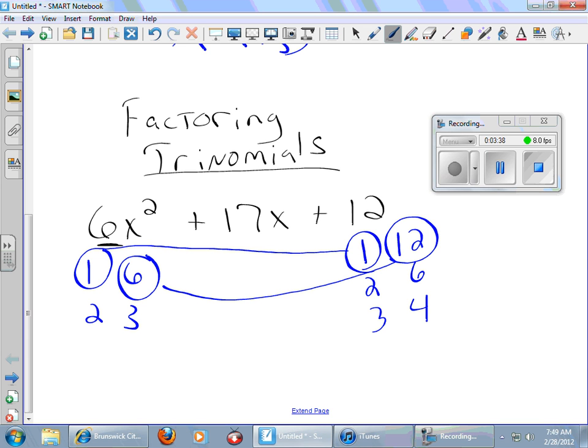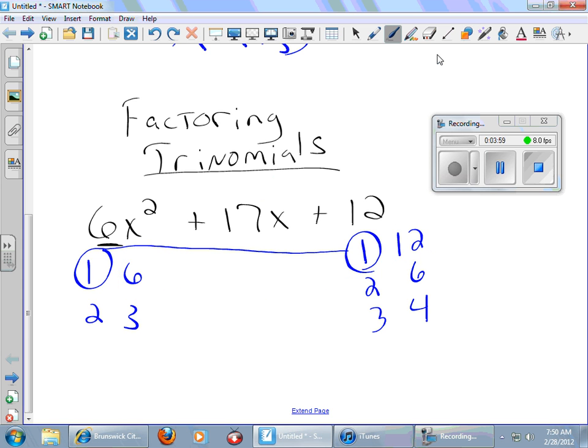Then I'm going to either add or subtract depending on the signs, my goal being to get this number 17. So let me test that. 1 times 1 is 1, and 6 times 12 is 72. If I add those together because they're both positive, I don't get 17, do I?